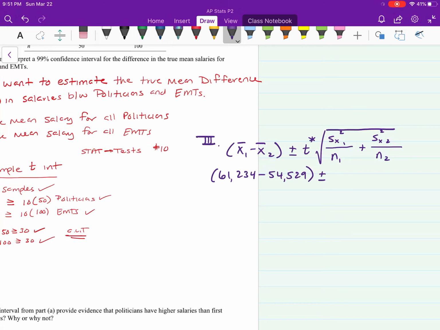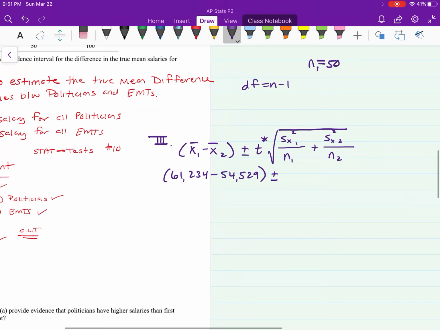Remember, with t star in table B, we have to talk about degrees of freedom, which is n minus 1. But we have two different sample sizes in this question. We have a sample size of politicians, which is 50. We also have a sample size of EMTs, which is 100.